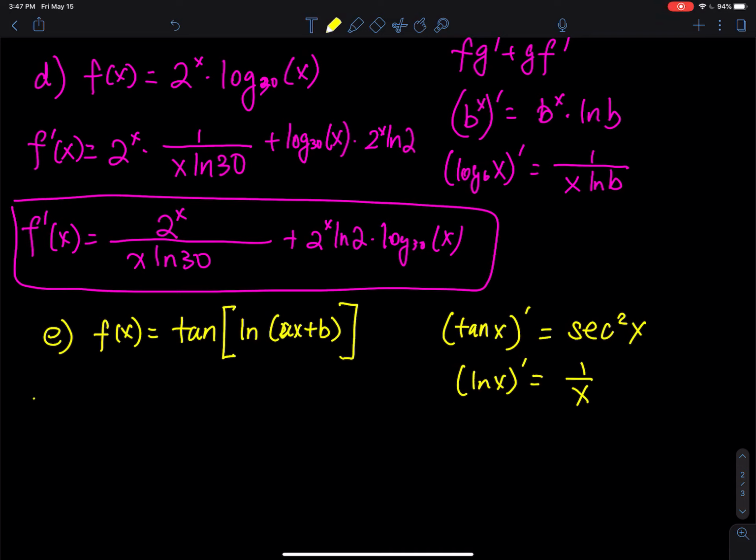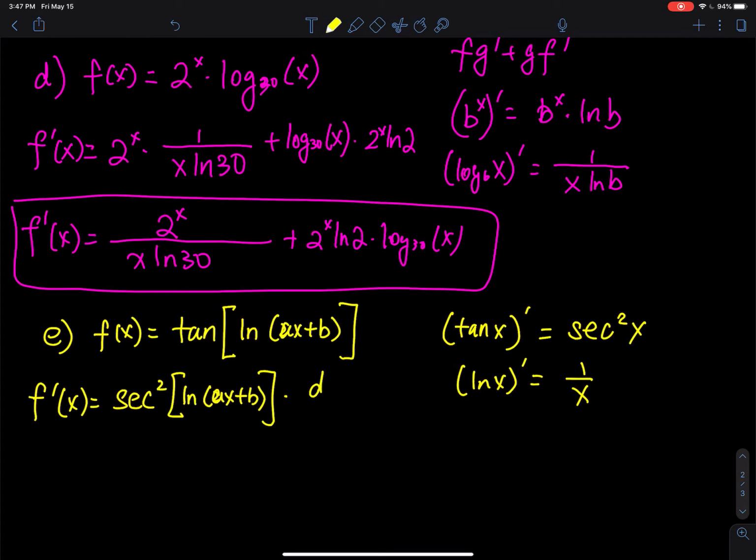So f prime: the derivative of tangent is secant squared, so you have secant square of whatever is inside the square bracket, ln of ax plus b. And then you have an ln function inside a tangent, so you have to apply the chain rule by taking the derivative of ln, right?